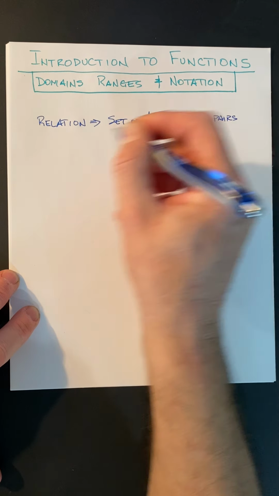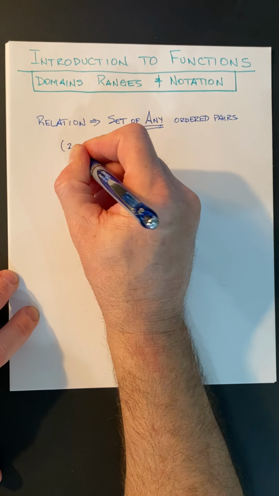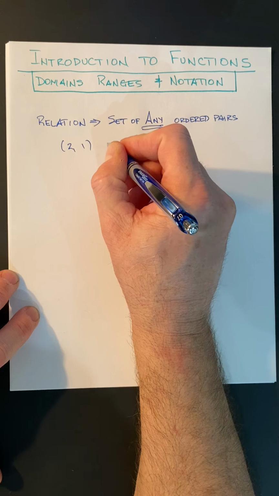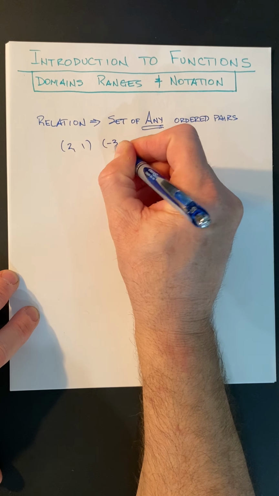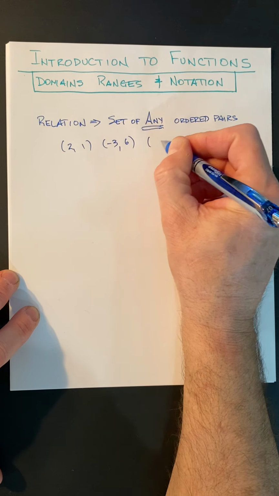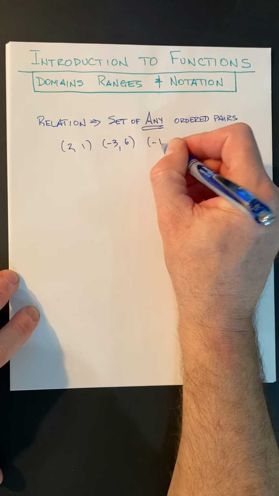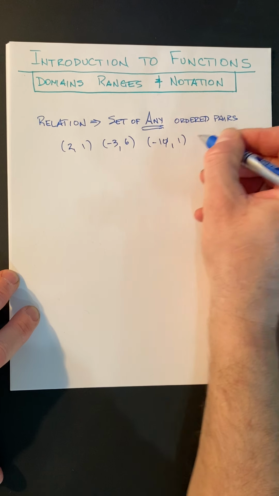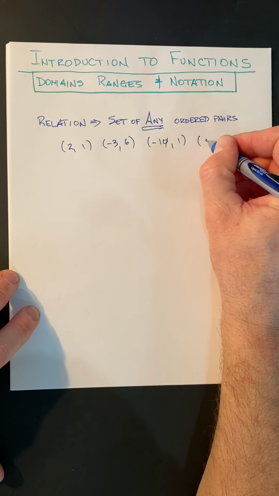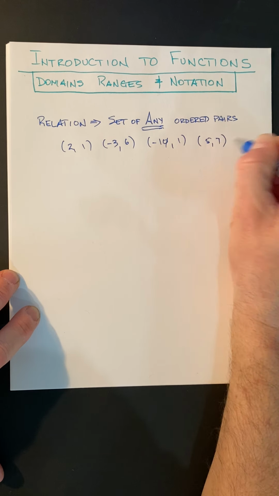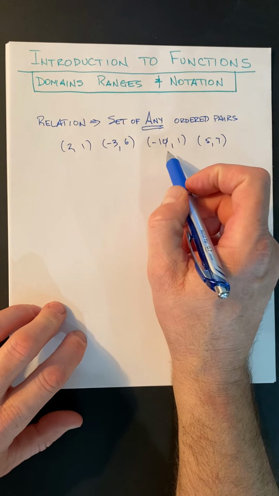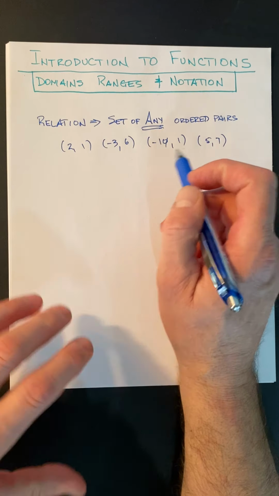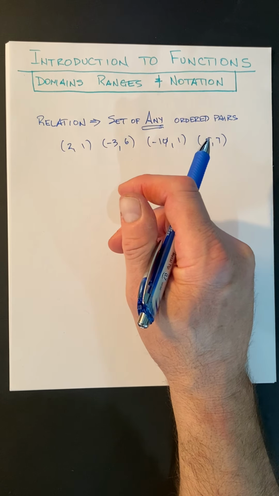So we can have a group of ordered pairs, and in that, you really can see where there's probably not going to be an equation that these ordered pairs would satisfy.